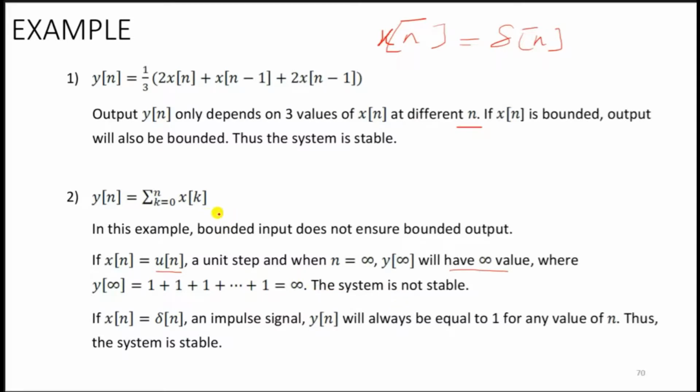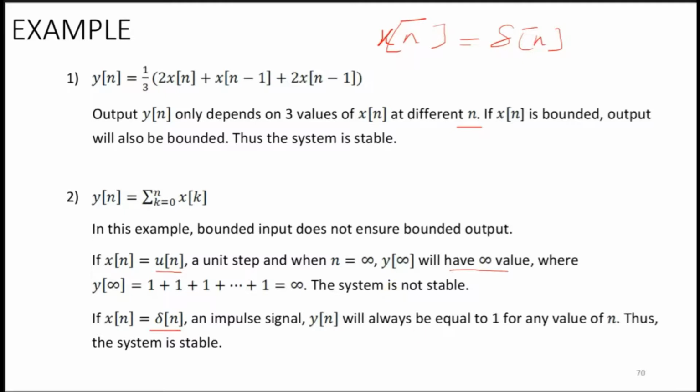So for all systems, you have to see what the input is. If you use delta n, it's fine. If you use a rectangular input, it is also fine. If you are using a finite length input, it is also fine. But if you are using a ramp function or step function, then your system will be unstable.